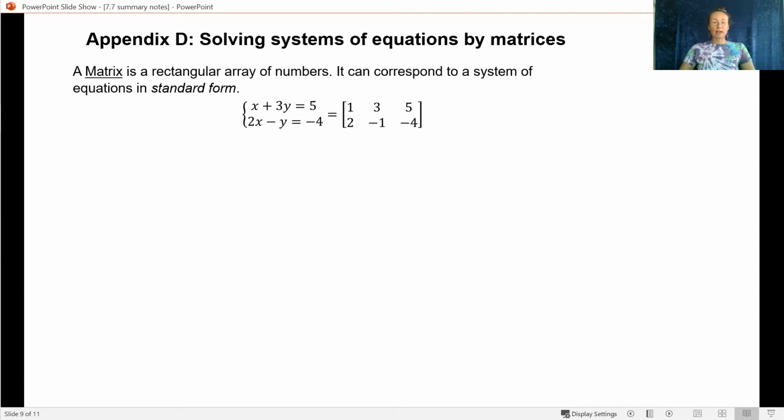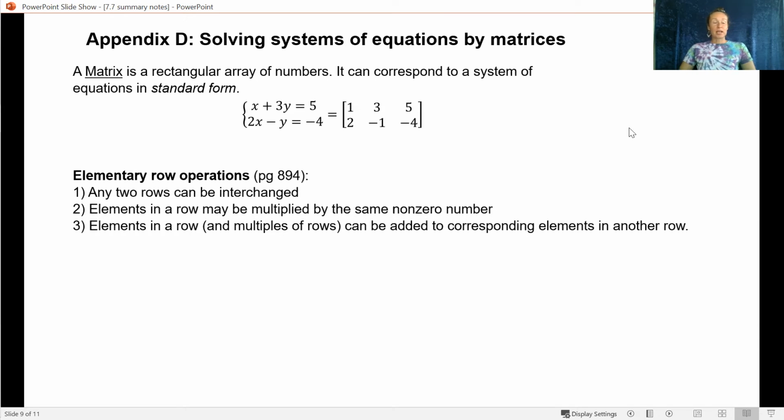We can just pull out the coefficients of that and put it into this rectangular array that we call a matrix. Because we know we're in standard form, we know that the 1 and the 2 are coefficients on our x's, the 3 and the -1 are coefficients on our y's, and the 5 and the -4 over there in column 3 are our constant terms. So that's how this rectangular array just kind of makes it a little simpler to look at once you get used to it.